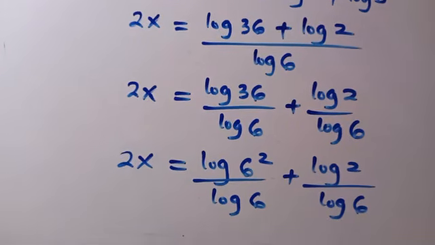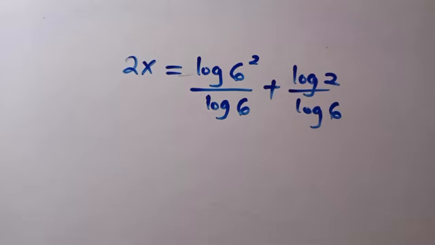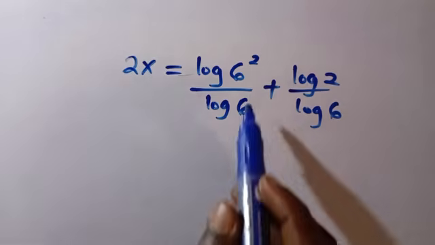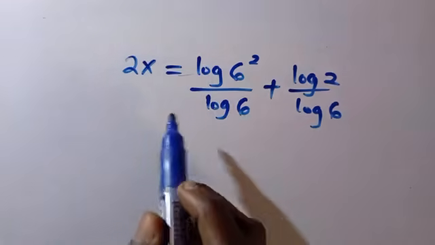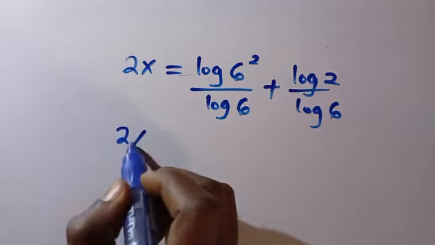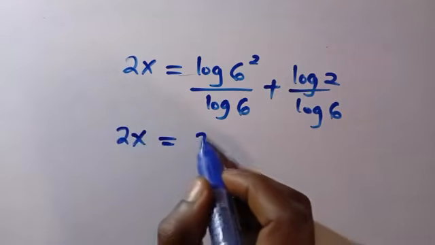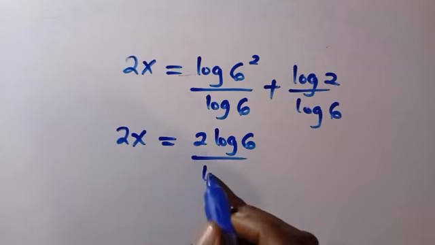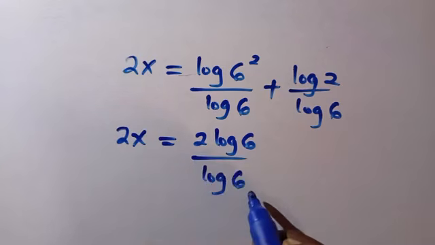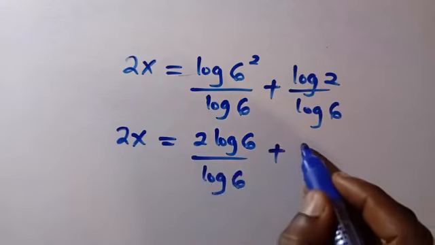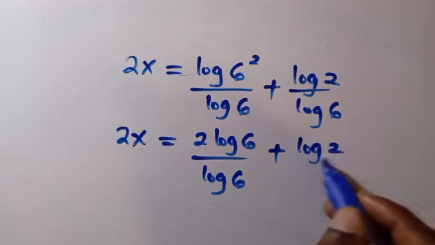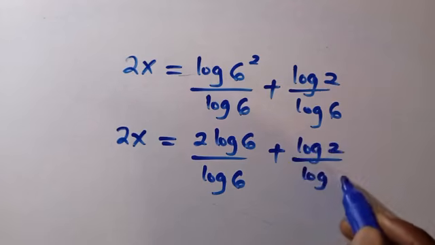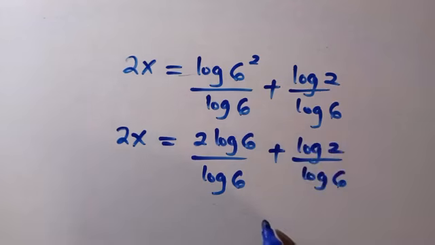So in the next step, from the rule we applied above already, we take this 2 here, as we have 2x equals 2 log 6 divided by log 6 plus log 2 divided by log 6.